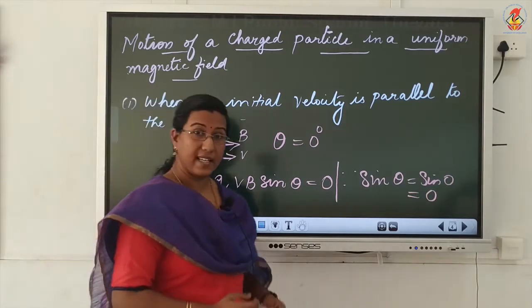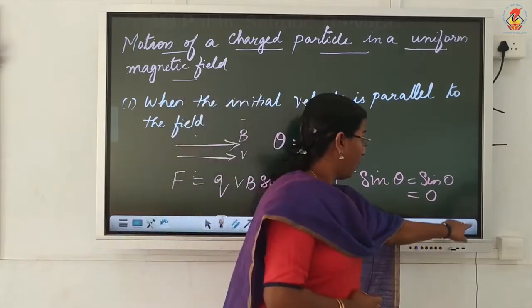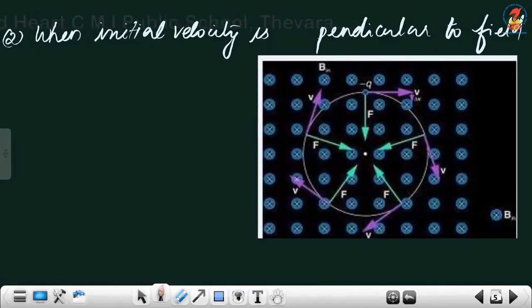Okay. Next, we are going to see what force is experienced by the charged particle when it enters perpendicular to the field. Imagine you have a field along the z-axis.